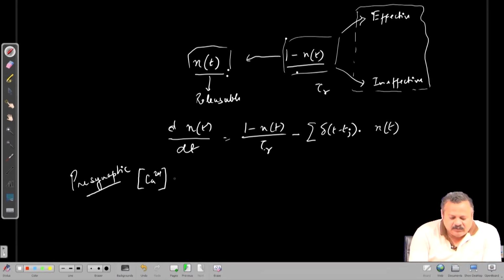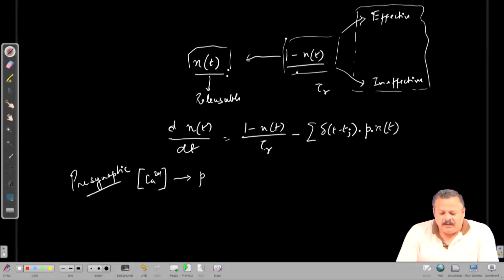And this is going to be proportional to the probability of release. So, the probability of release in the terminal can be a proxy for the calcium, and we can simply put a probability of release in front of the NT.